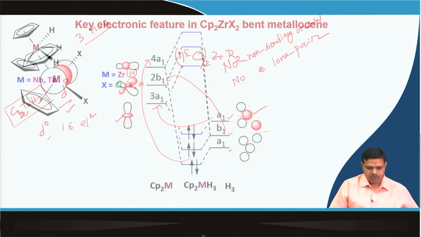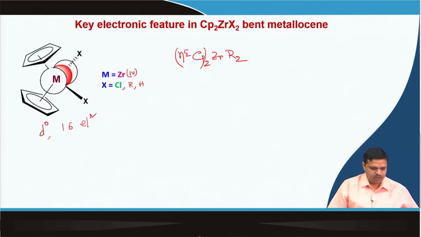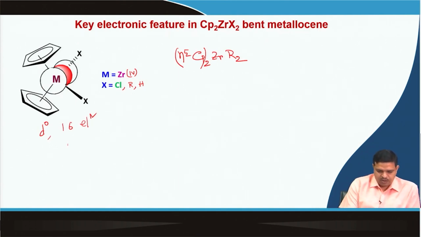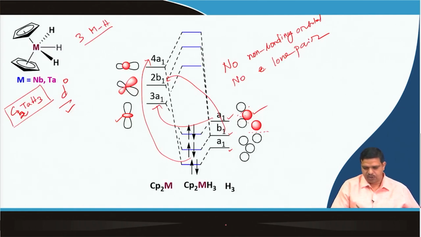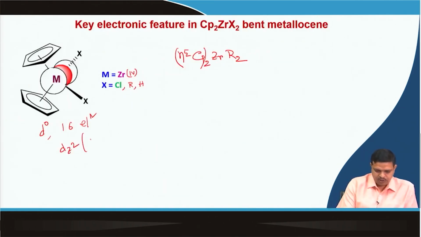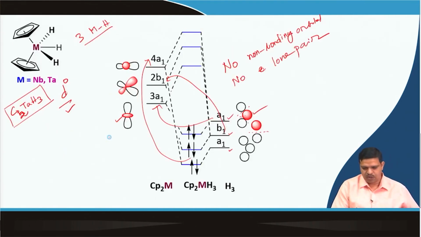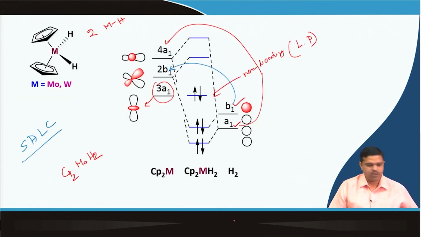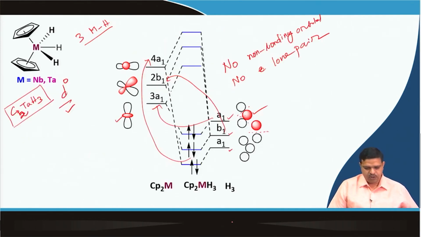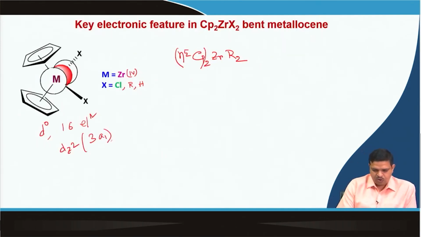Okay. So, in this case also you will see that the dz square orbital, which is actually the 3a1, is resembling the dz square orbital. So, this dz square orbital is empty, has no electron pair.